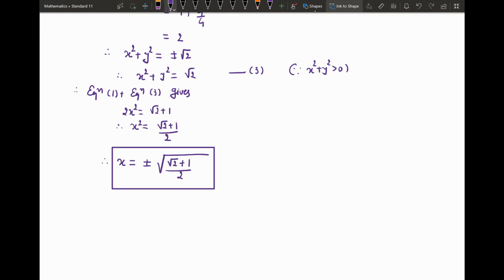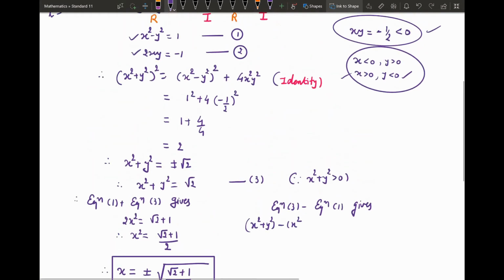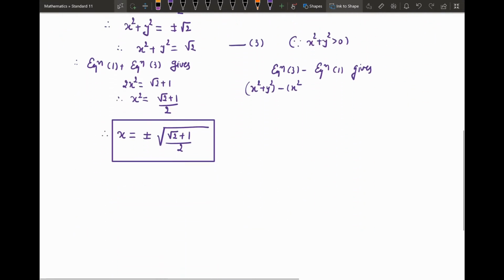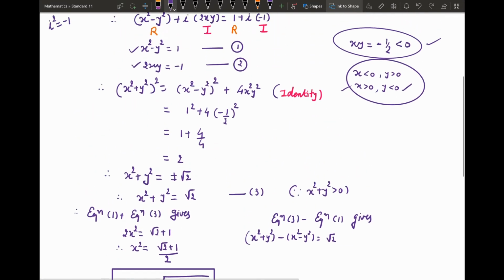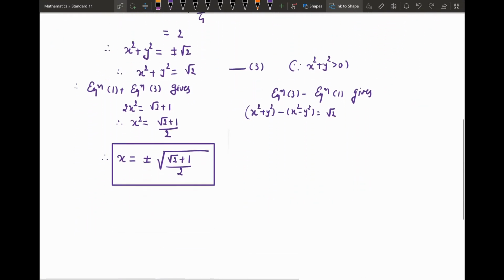Now let us find y. So equation 3 minus equation 1 gives x square plus y square minus x square plus y square, equals root 2 minus 1.